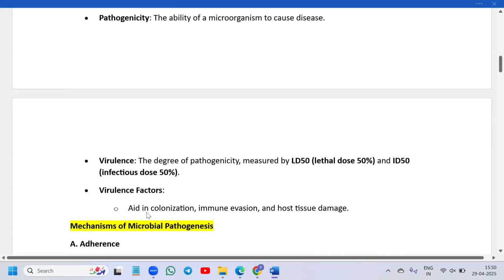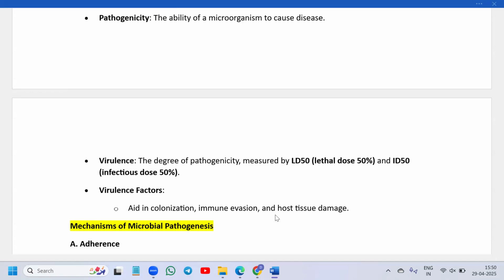Then virulence factors. Virulence factors will help in colonization, immune evasion, and host tissue damage. So how effective your virus is, how strong your virus is, how infectious your virus or bacteria is, that helps in this. Sometimes the bacteria will colonize so fast and multiply so fast, right?